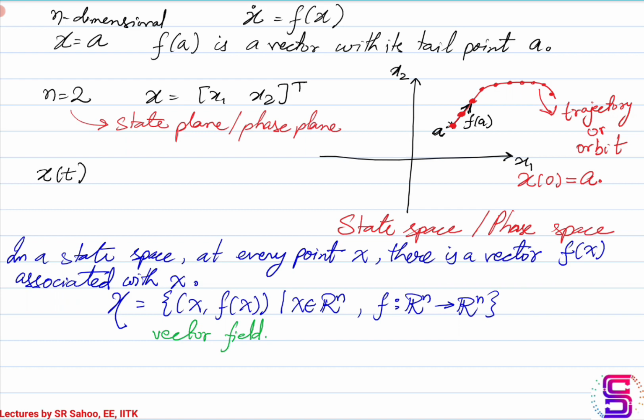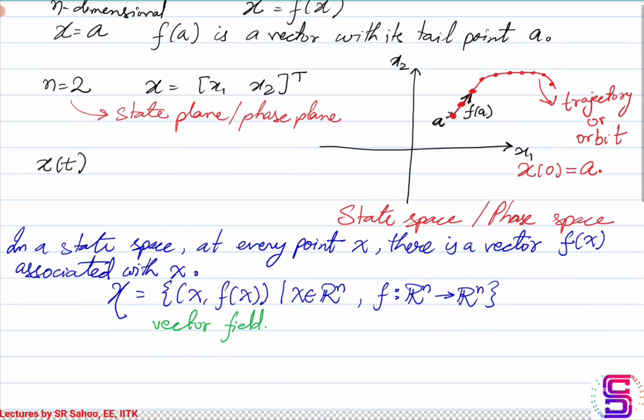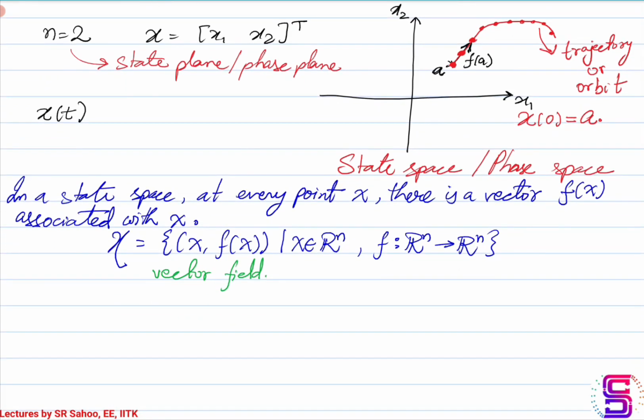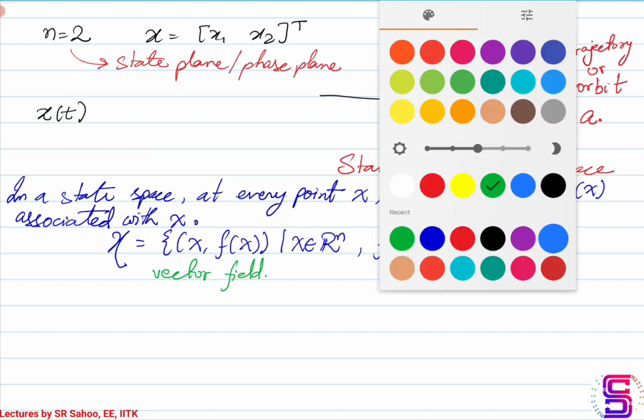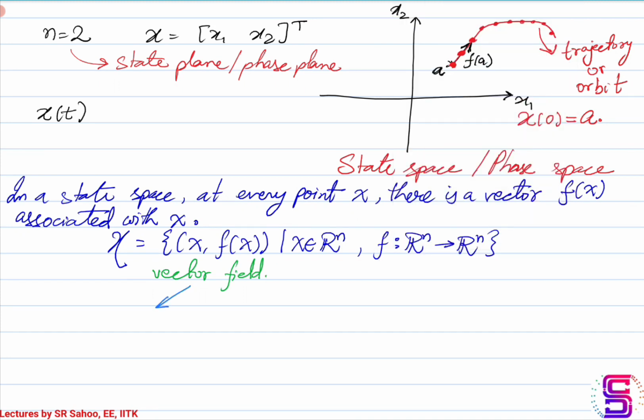So the vector field here is set up on the state space that you have. Once you have vectors associated at every point on the state space, this gives you a qualitative idea about how the solution is going to look like given an initial condition.